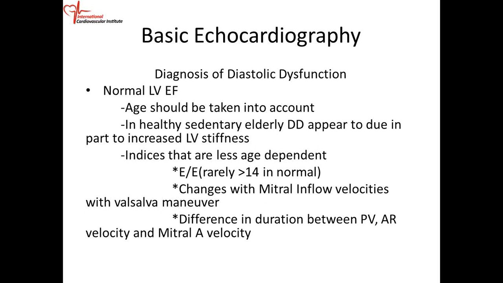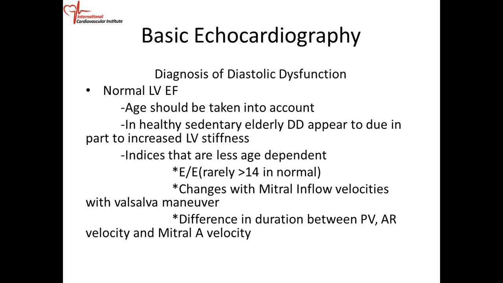And if you just follow the mitral inflow for a number of years in an individual, you'll see that the E velocity gradually gets lesser and lesser. The reason for that is because the LV gets stiff, and the atrium now has to take over a larger role in filling the left ventricle.